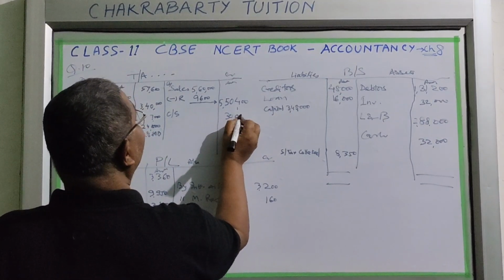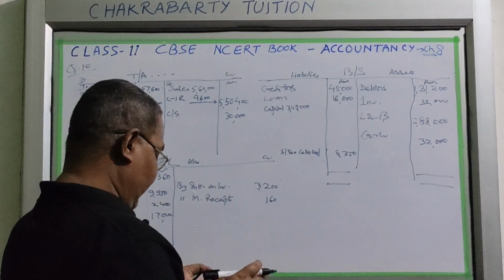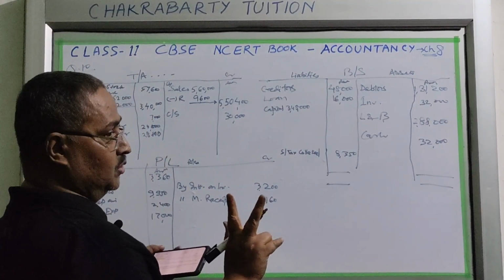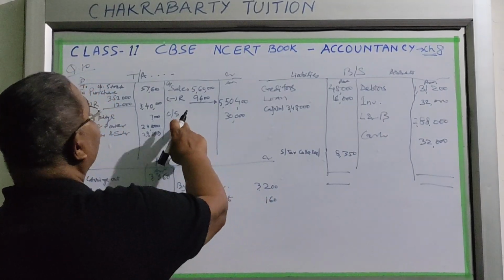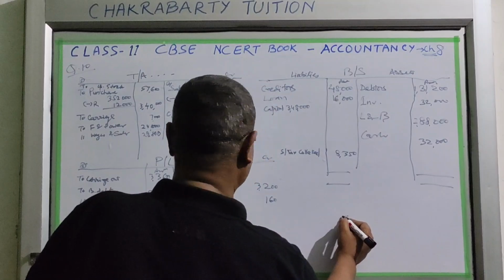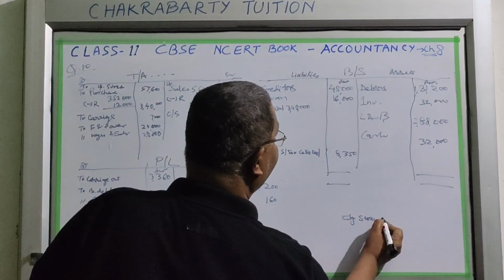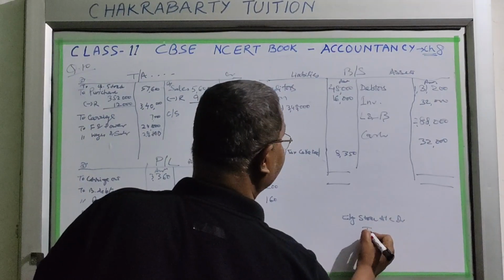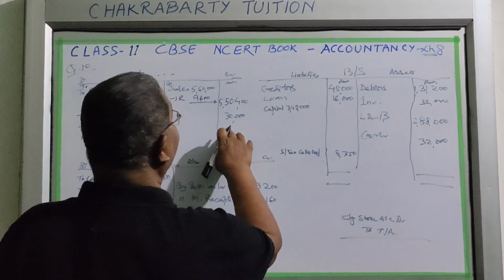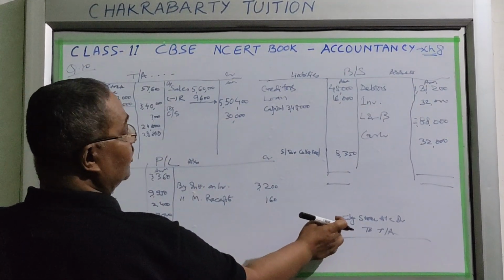So it is outside of the trial balance, which means it requires a double entry. Whatever items are given outside the trial balance, it requires two sides. And its journal entry, you remember: closing stock account debit to trading account. So the trading account is credited by closing stock.